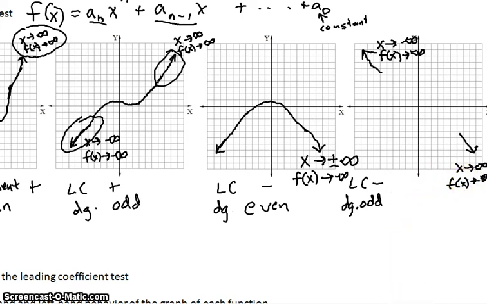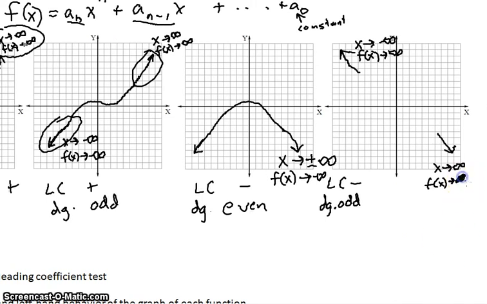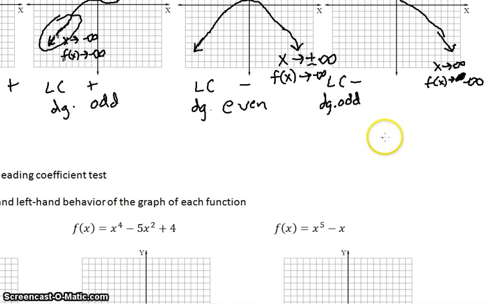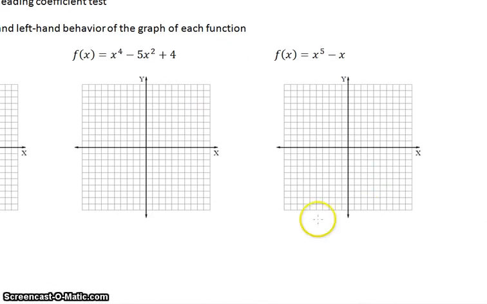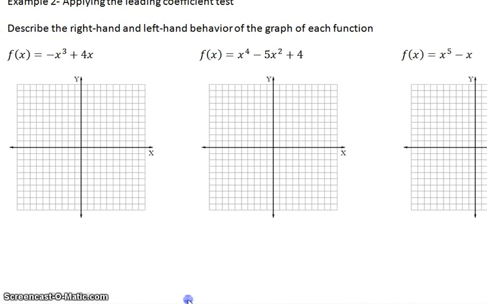Kind of ran out of room there. The rest doesn't matter. It can just be a little curve and a line, and that's your function. So these are important to know because these are what are called end behaviors. They tell us how a function behaves at the ends, as you get extremely large or extremely small values.